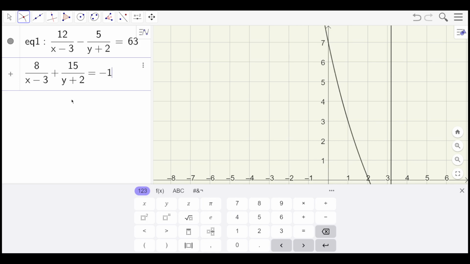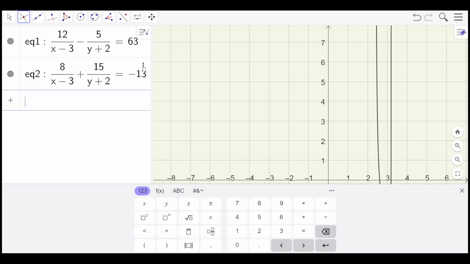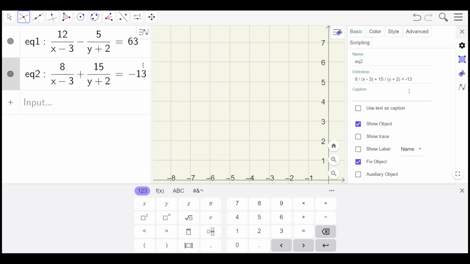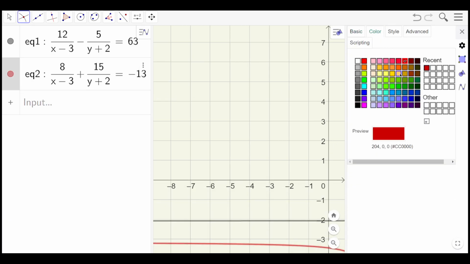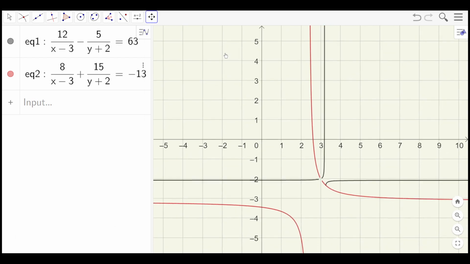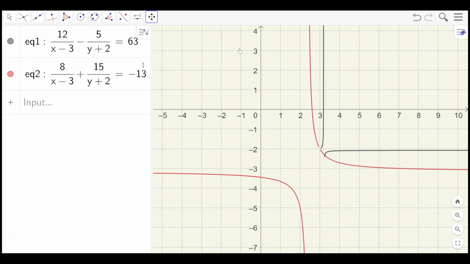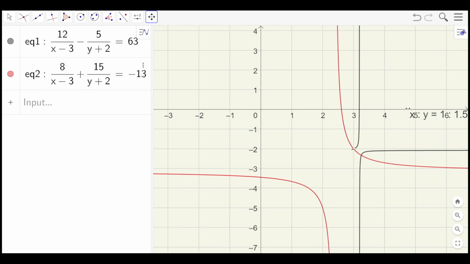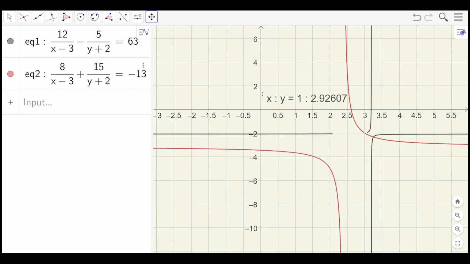Yes? Okay, so let me change the color here. The color, I can change it, for example, to this, and then let me close. Okay. I don't know if GeoGebra is capable of doing it right now, but let us see. The reason that this is not a good one is because it is being squeezed. I don't know why, but let me see.